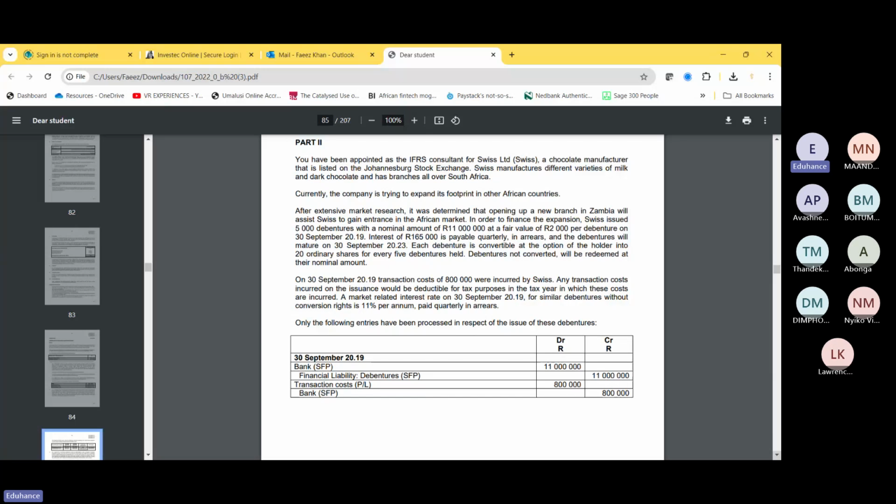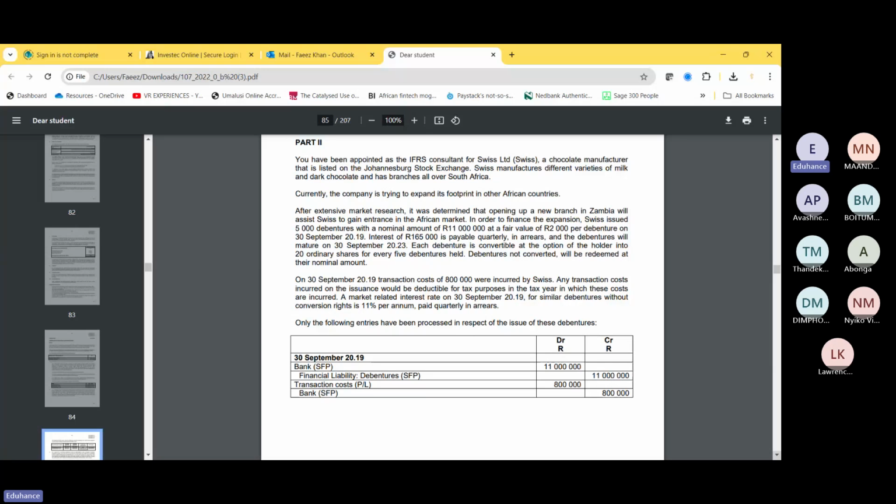After extensive market research, it was determined that opening up a new branch in Zambia will assist Swiss to gain entrance in the African market. In order to finance the expansion, Swiss issued 5,000 debentures with a nominal amount of 11 million at a fair value of 2,000 Rand per debenture on 30th September 2019.